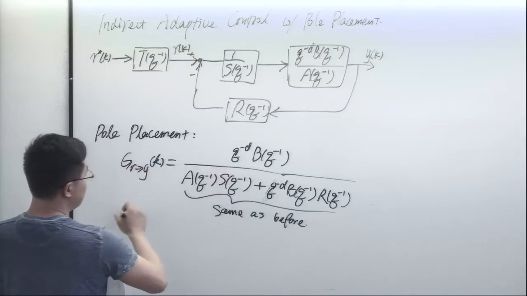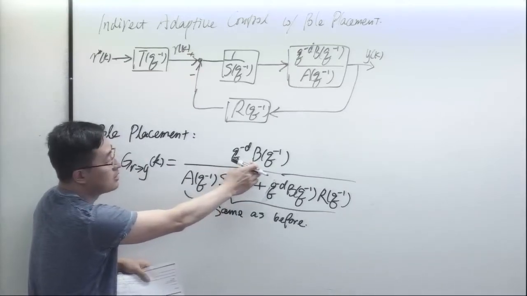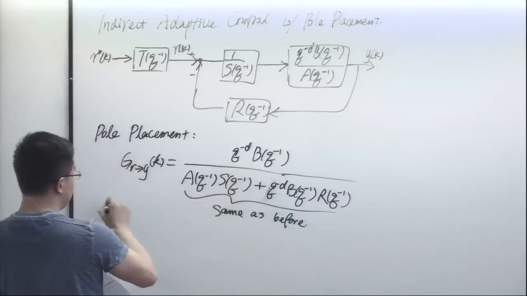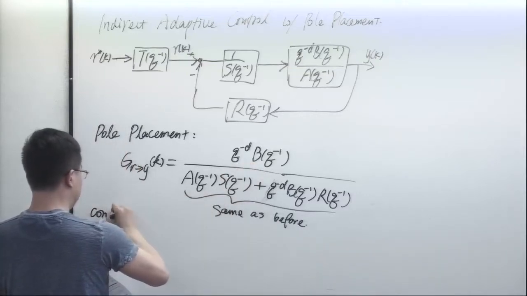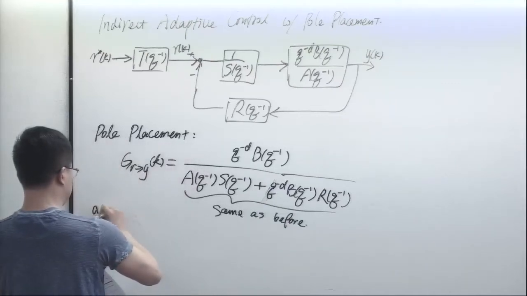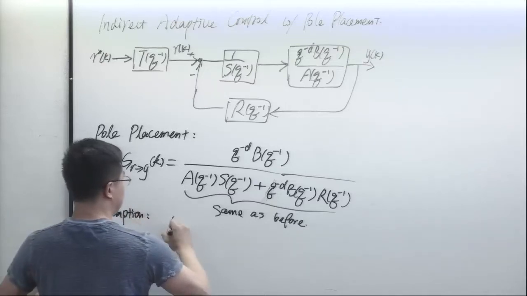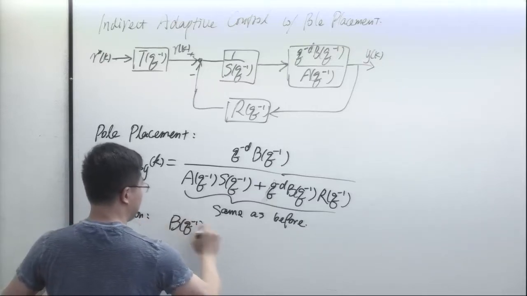Let's talk about the condition. If B is cancelable, then we can use direct pole placement, direct adaptive control. Now, the assumption is that B is not cancelable.